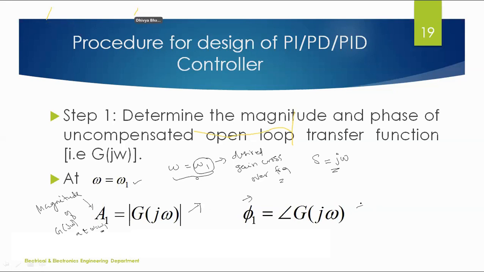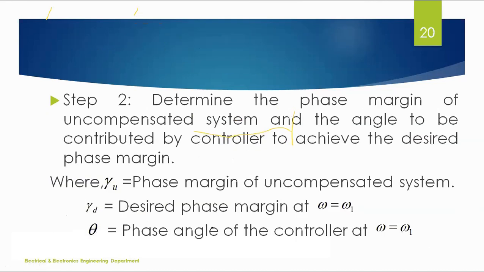Here phi 1 is nothing but the phase of G of j omega at omega equal to omega 1. Okay, so now we are getting two values, A1 and phi 1. Next, step 2: determine the phase margin of the uncompensated system and the angle to be contributed by the controller to achieve the desired phase margin.